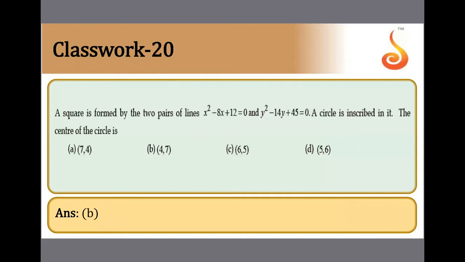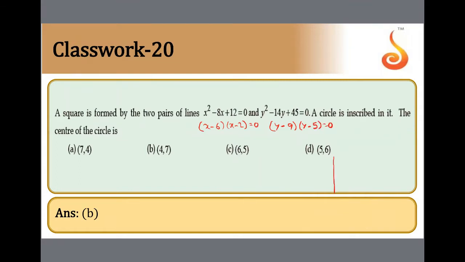A square is formed by the lines. What are the factors? X minus 6 into x minus 2 is equal to 0, and y minus 9, y minus 5 is equal to 0.